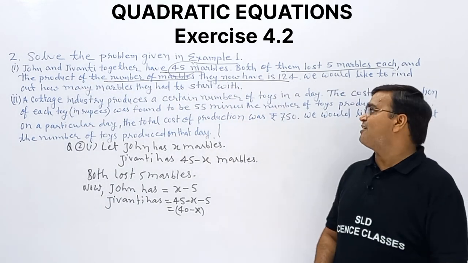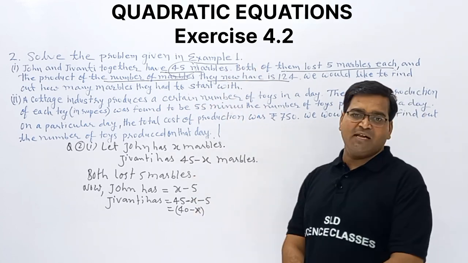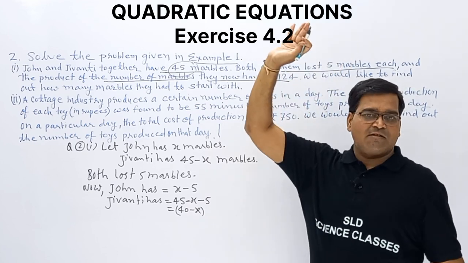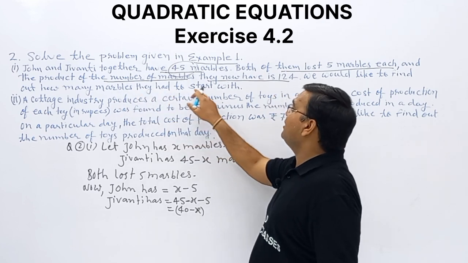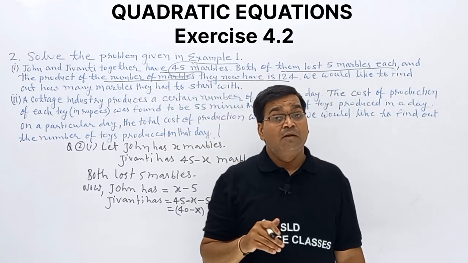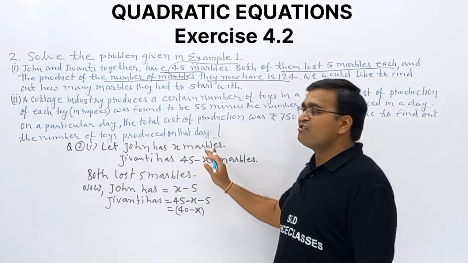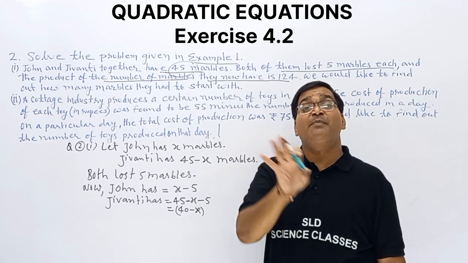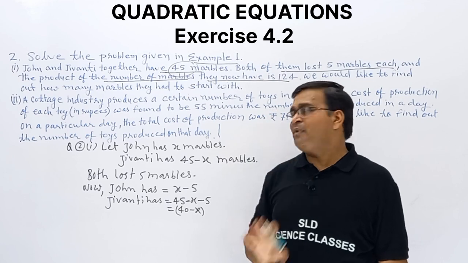Observe again. What situation are we solving? John and Jivanti together have 45 marbles. Both of them lost 5 marbles. We want to find how many marbles they had to start with. So we are assuming John has X marbles and Jivanti has 45 minus X. Both lost 5 marbles.